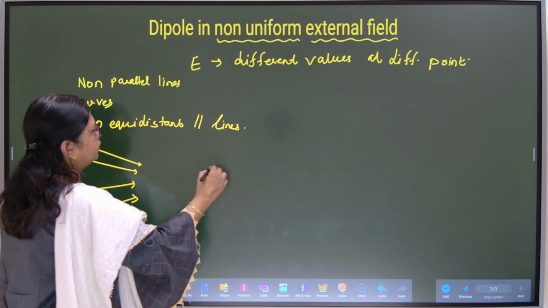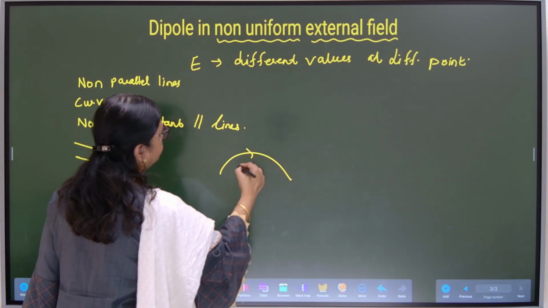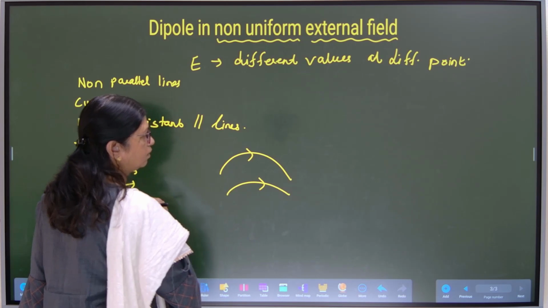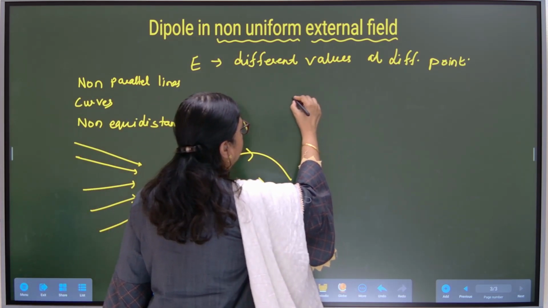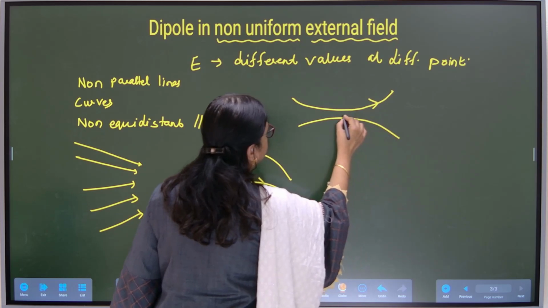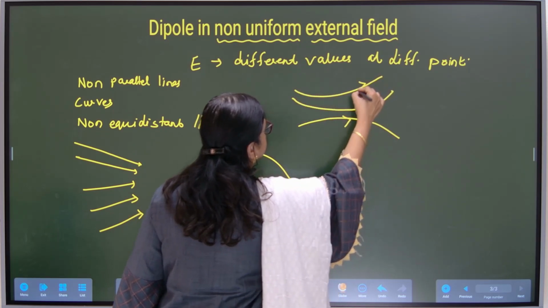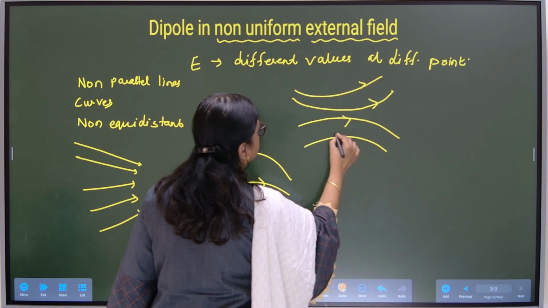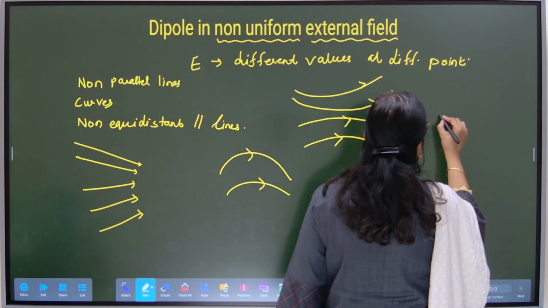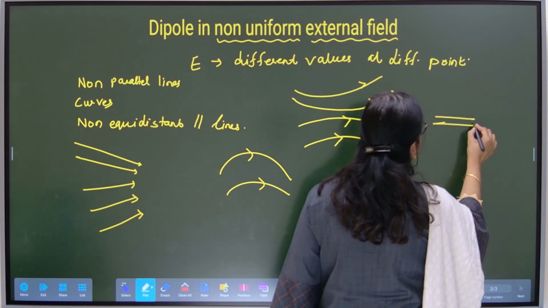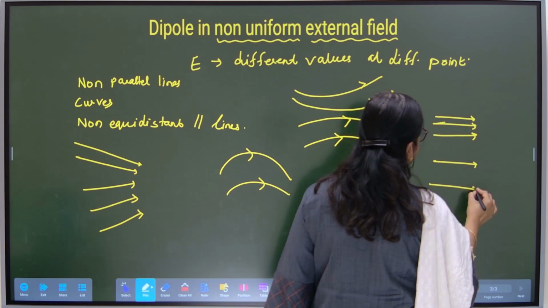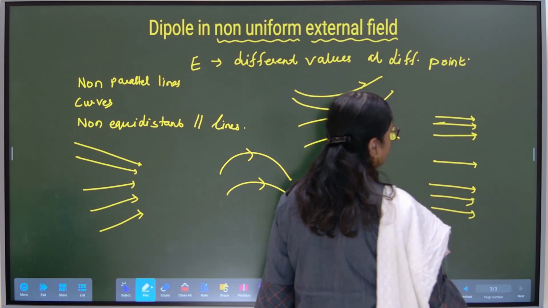Okay, I can also show it like this, as curves. Fine. I can also show them by this method, curves, or I can also show them approximately like this.